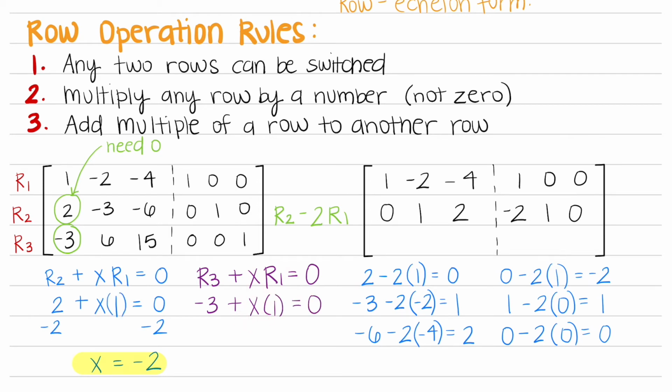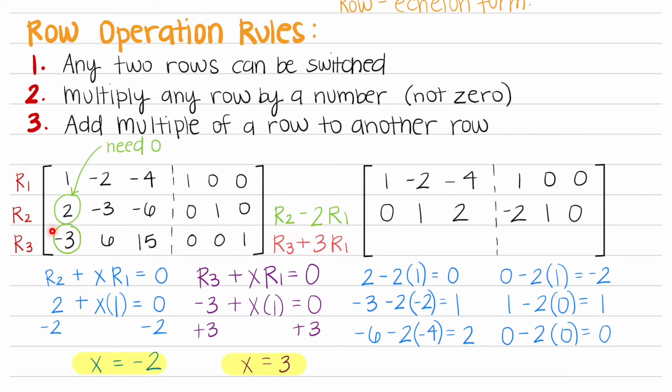And let's solve for x by adding 3 on both sides. So we have that x equals 3. So we can plug that 3 in place of x. Let's write our formula as R3 plus 3 times R1. And now we can apply this formula to every term in row 3.